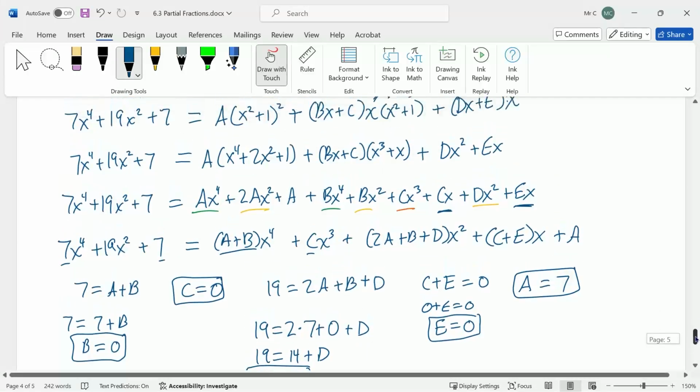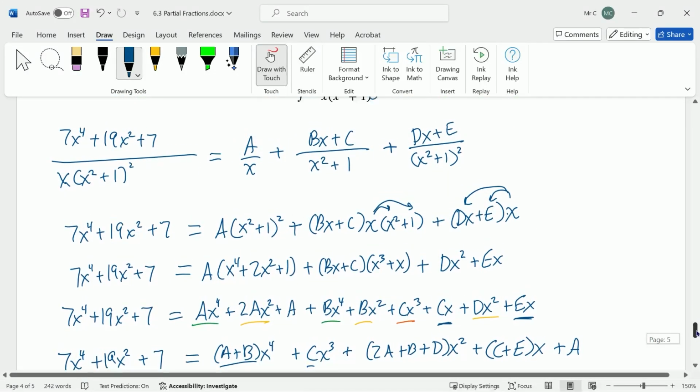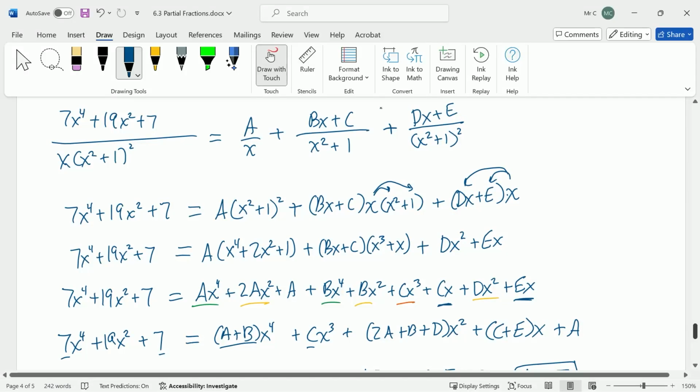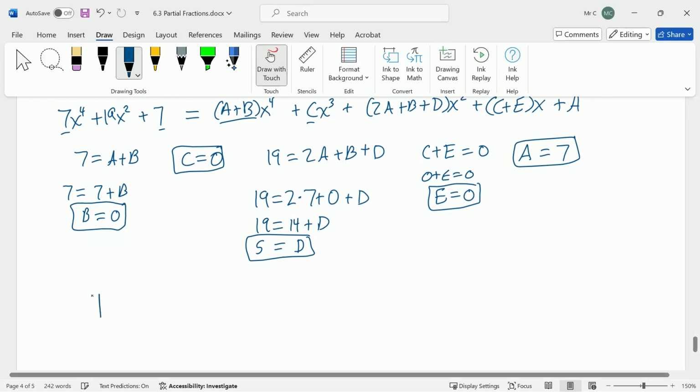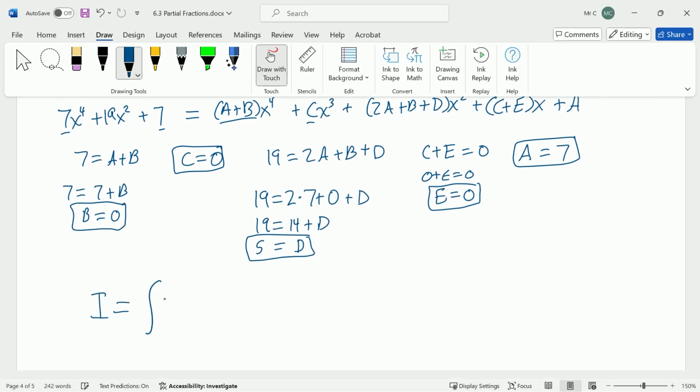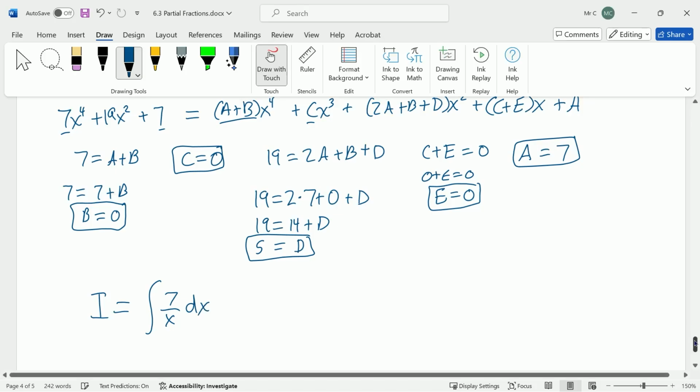Okay, almost done here. Now we've got to rewrite our integral in terms of this partial fraction decomposition. And so a goes above x. So our integral is going to be the integral of 7 over x dx. And then plus, well, b and c are both 0.